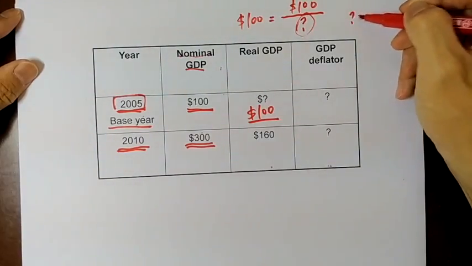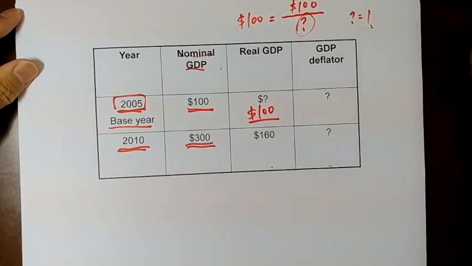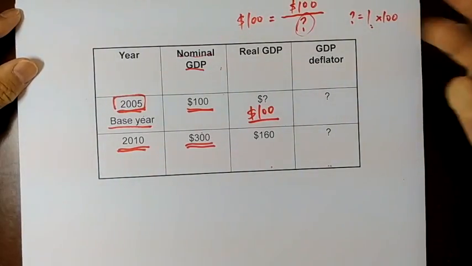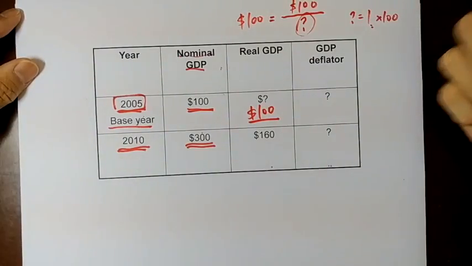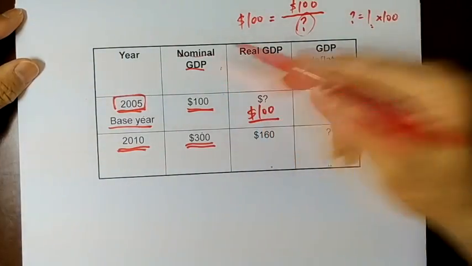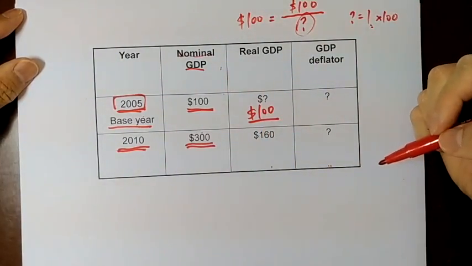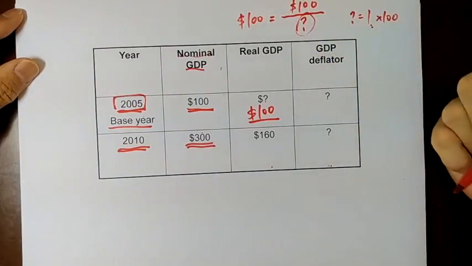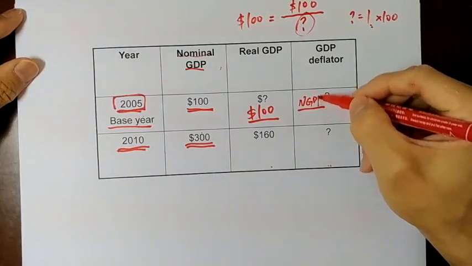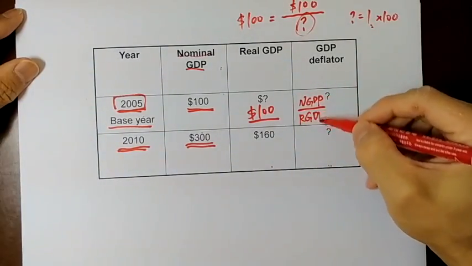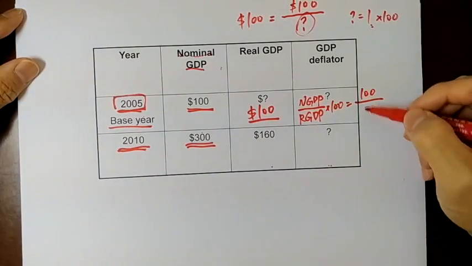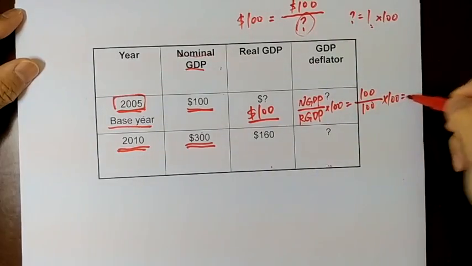Question mark is equal to 1, but remember, we want to multiply it by 100 to make it a 2-digit or 3-digit number. That's the way it is. It is defined as nominal divided by real multiplied by 100. Okay? So you can do it this way, or you can simply use the nominal GDP divided by real GDP multiplied by 100, which is 100 divided by 100 multiplied by 100. Therefore, it is 100.